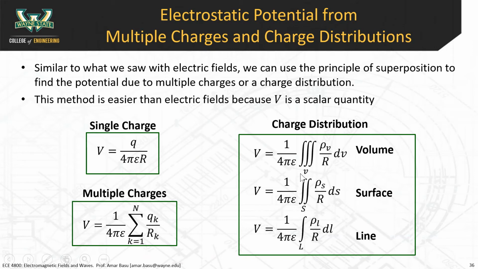So we have to figure out, in each one of these cases, what rho is, what r is, and then what dV, ds, or dl is, depending on the type of problem that we're working with. Then we also have to figure out our limits of integration, whether we're doing a volume, surface, or line integral. And then the last step is to actually do the integral.